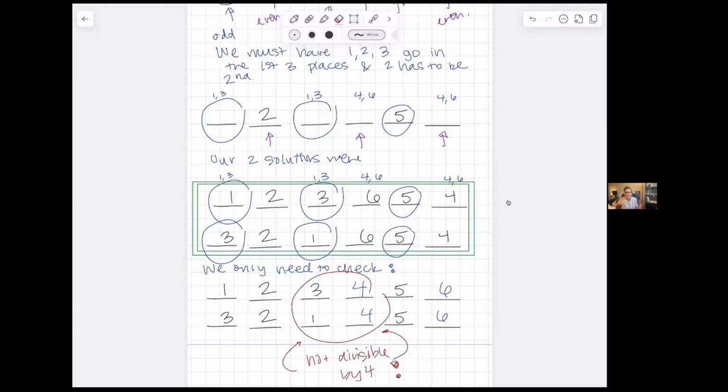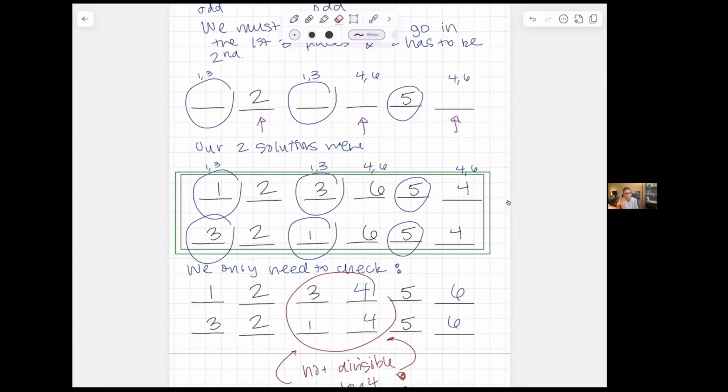If you want to use an activity like this or problems like this in your classroom, that's totally up to you. Maybe it depends on the grade level that you're working with and what you think is appropriate and what skills you want to focus on for your students.